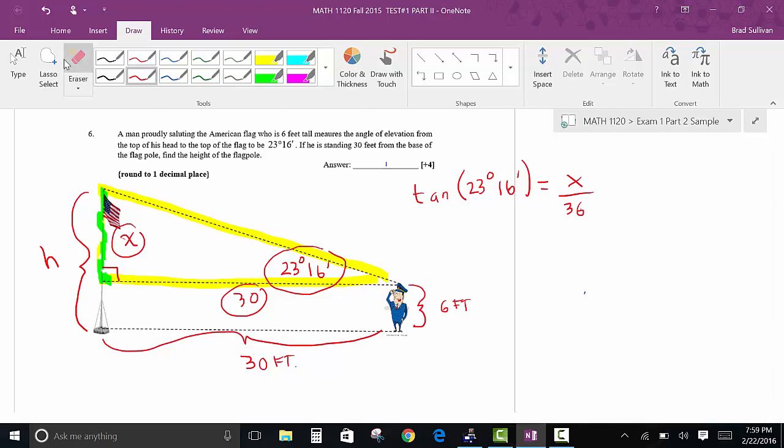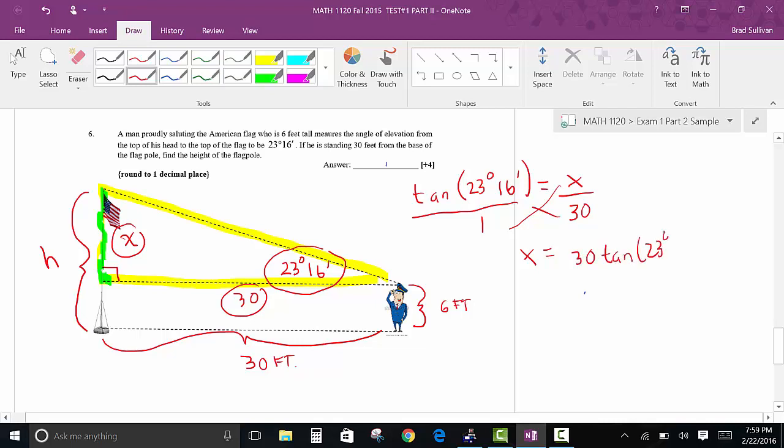Now we've got a proportion that we can solve by cross multiplying. So we get 1 times X is X, then 30 times the tangent of 23 degrees, 16 minutes. Now we're just going to go to the calculator and crunch that out.